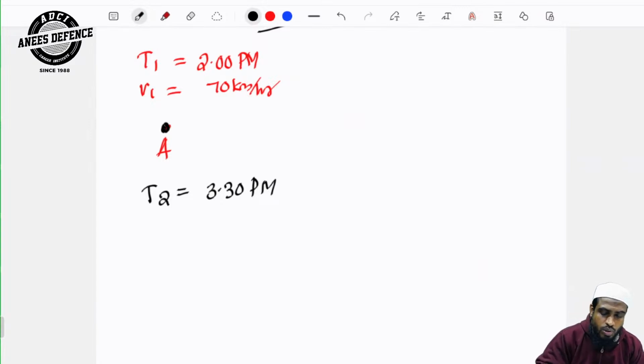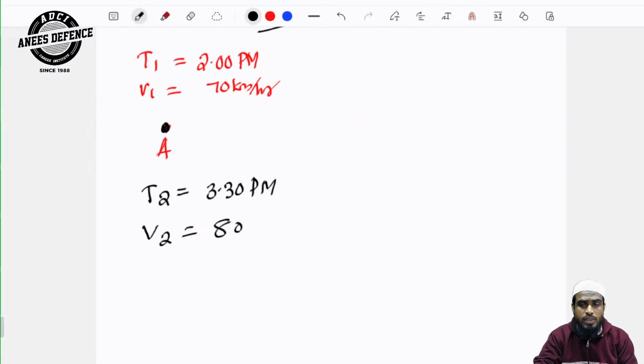A train is started at 2 o'clock and some other train is started at 3:30 p.m. The first train is going with a velocity of 70 kilometer per hour and the second train is moving with a velocity of 85 kilometer per hour. Since the first train is going with a slow speed and the second train with a higher speed, even though the second train started after a delay of 1.5 hours, since it is moving with more velocity, at some point both will meet together.